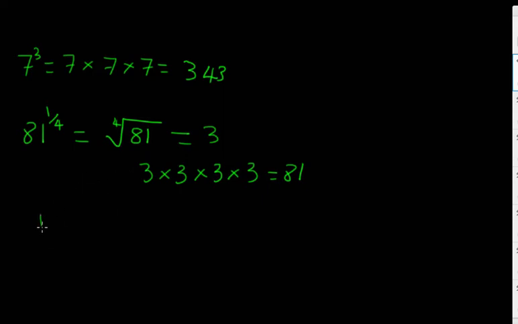And if we had 125 to the 1/3, again you'd put it into your calculator, you'd find the button for the cube root of 125, and you would find the answer would be 5, because 5 to the power 3 is 125.